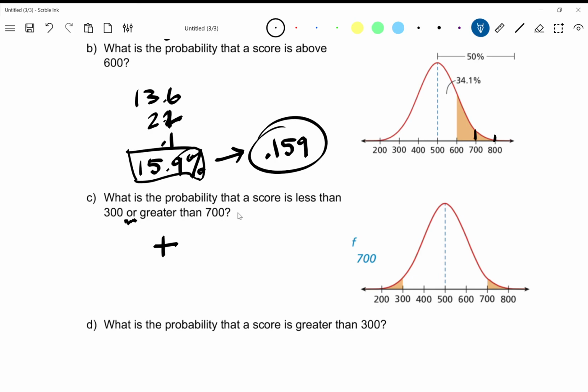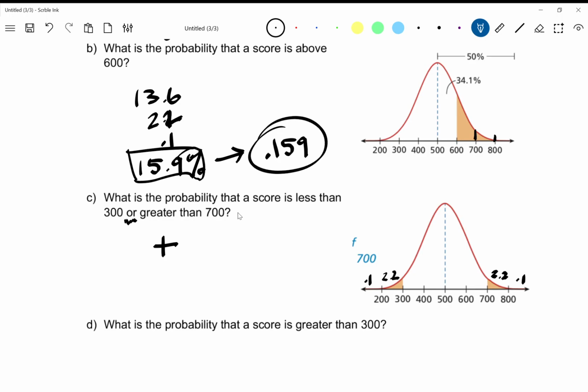So probability less than 300. Well, I know that 2.2% of students land in this section, and I know that 0.1% of students are past here, which follows the exact same on the other side. 2.2% of the students from here to here, 0.1 past.